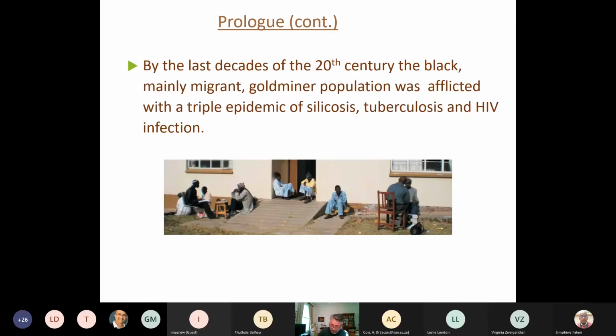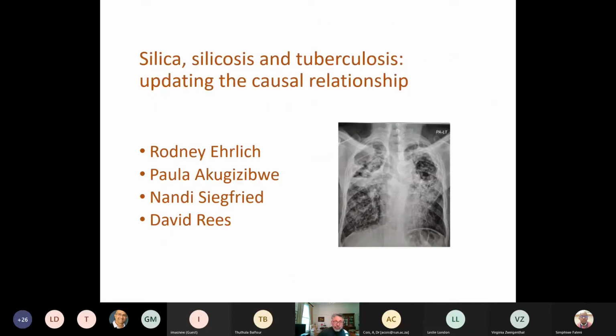Updating the causal relationship, and I acknowledge my co-authors. David Rees, I think, is on the Zoom meeting, Nandi Siegfried, who's expert in systematic reviews, and Paula Akugizigwe, who was a Master's of Public Health student in our department 5 years ago, and she used this topic for her MPH, and we built the systematic review on the work that she started.